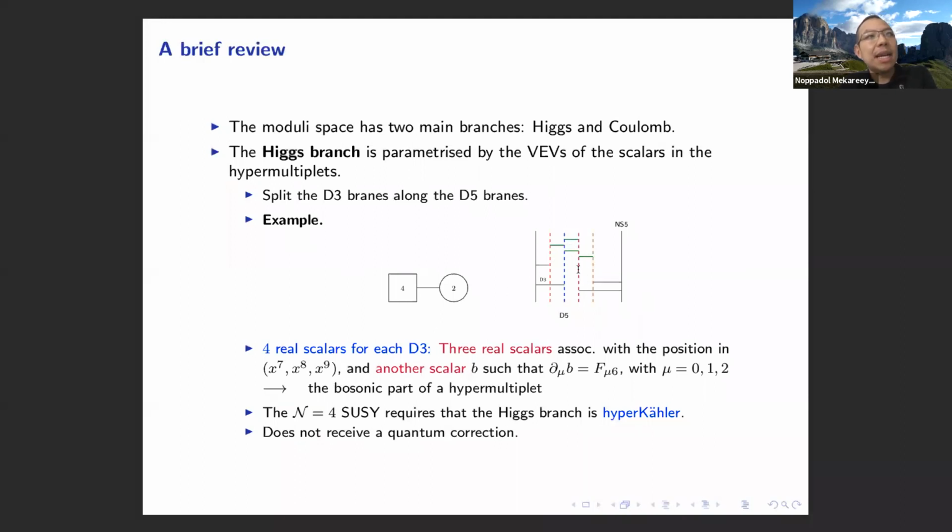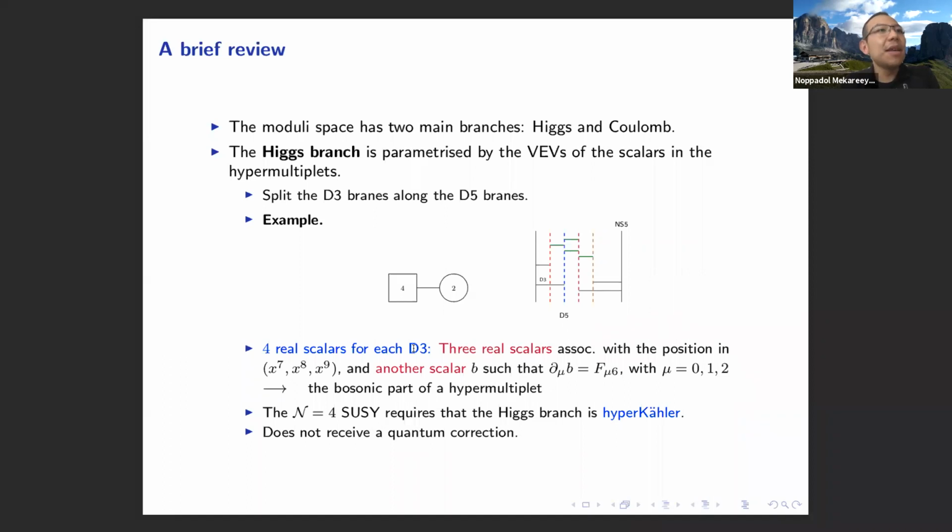Basically, you can see that this segment can move along the D5 direction. This is the vacuum expectation value of the scalar of the hypermultiplet. If you count, there are 1, 2, 3, 4 of them. These are 4 real scalars that parameterize the position of the D3 along the D5 brane, I'm sorry.